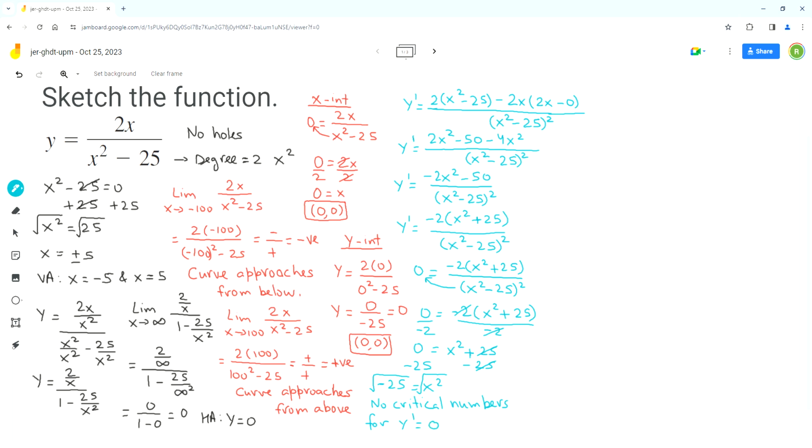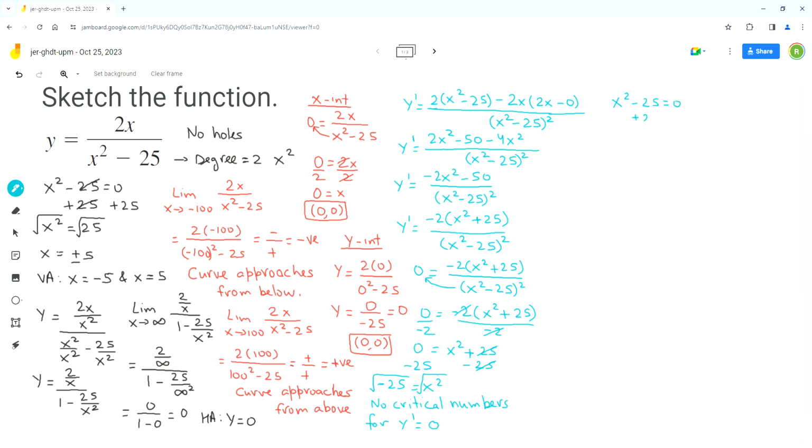Now we can find the critical numbers for which y prime becomes undefined. And we got a fraction for y prime. So this fraction will become undefined if the x values make the denominator equal to 0. So we'll set the denominator of y prime equal to 0 and solve for x. So we get x squared minus 25 equals 0.